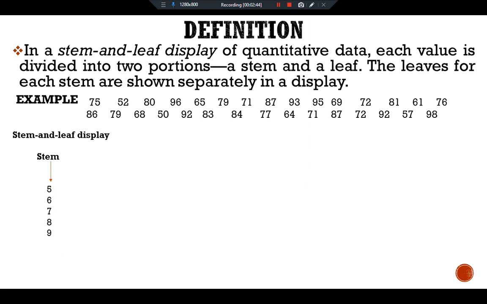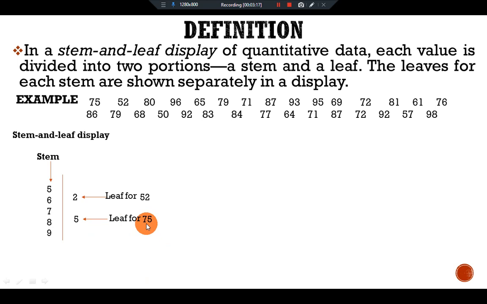For the leaf section, from 52 we have leaf 2 and stem 5, and for 75 the leaf is 5 and the stem is 7.